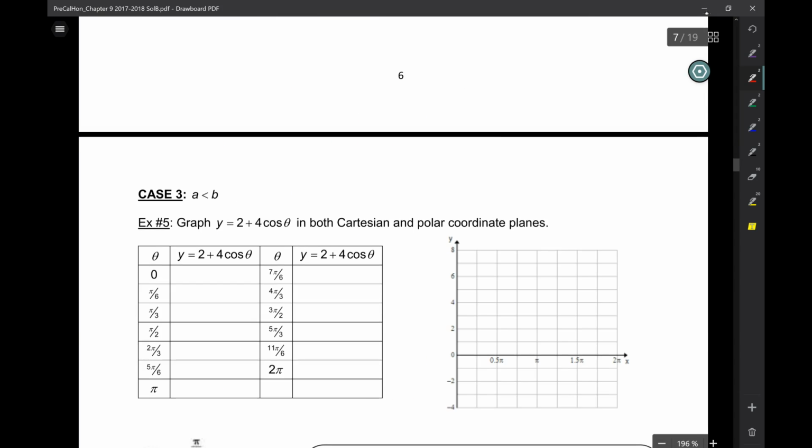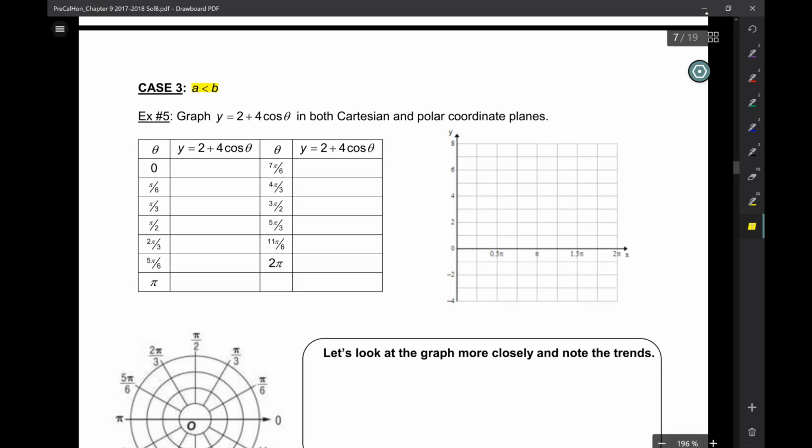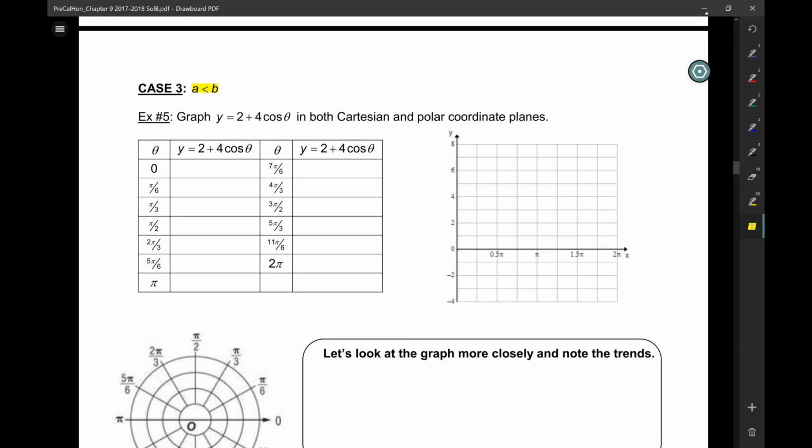The case when A is less than B. Here, when theta is 0, we have 6 again. Then theta equals pi over 2, it's 4.